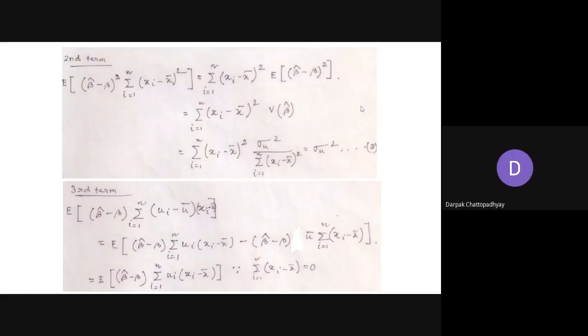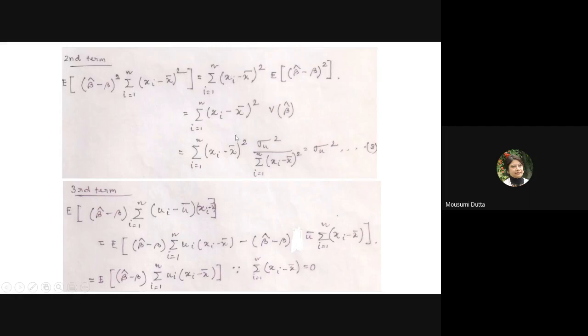I mean, summation (xi minus x bar) whole square, is that a constant after taking expectation? Yes, because we are considering xi non-stochastic.